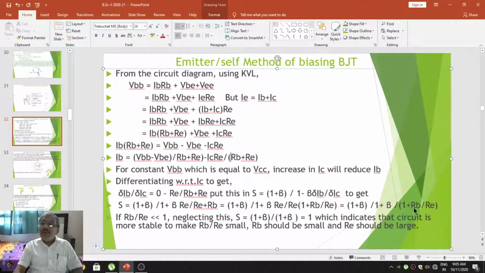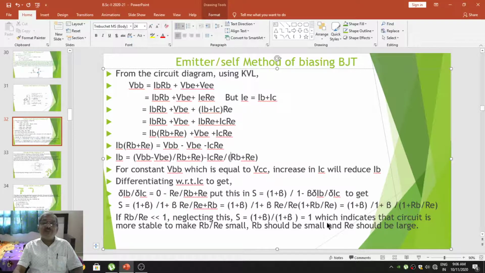To make R_B upon R_E less, R_E should be more and R_B should be less. If suppose you adjust the value of R_B less and R_E large, then the value of S becomes less than or equal to 1.